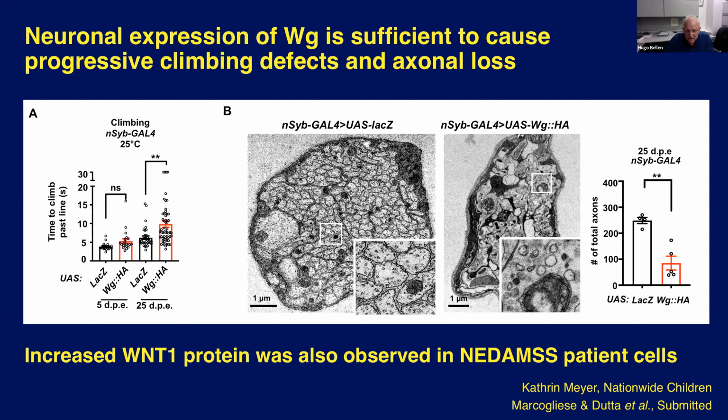Interestingly, an increase in Wnt protein was also observed in the patient cells. We have patient cells, and in collaboration with Catherine Meyer at Nationwide Children's, she has shown that the Wnt protein is also upregulated in the cells derived from these patients.